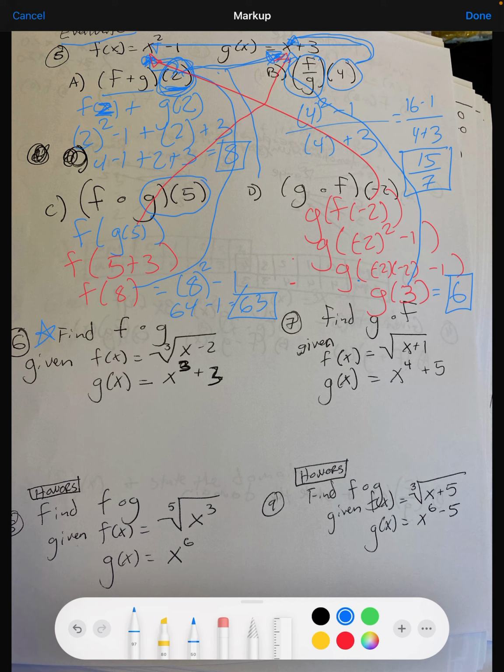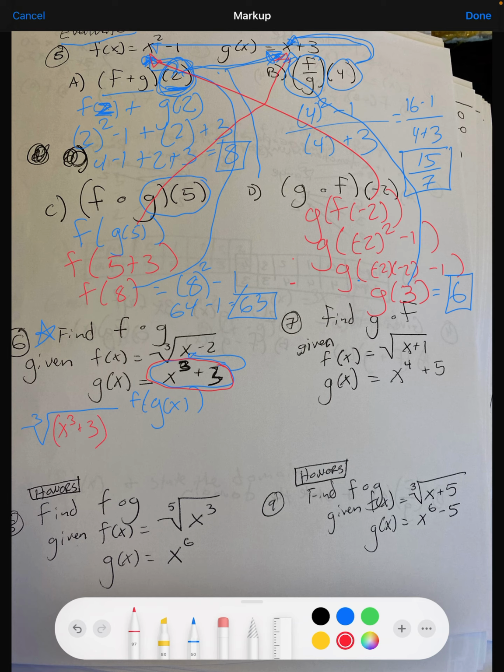Number 6, find f of g. So that's saying f with g as my input, g of x. I'm going to take this here, plug it in where there's an x. So cube root, and instead of x, we now have x cubed plus 3.